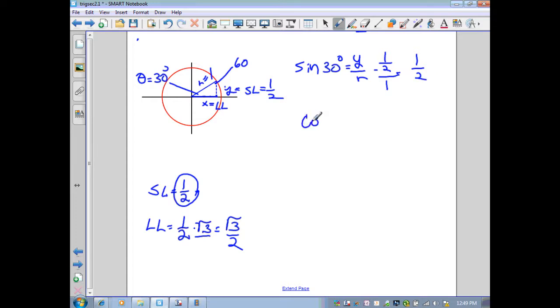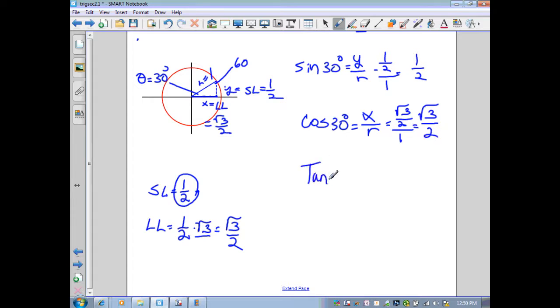Cosine of theta, and here 30 degrees, is going to be x over r. And here, my x, or long leg, is equal to the square root of 3 over 2. So this is the square root of 3 over 2 divided by my r, which is 1, which is the square root of 3 over 2.